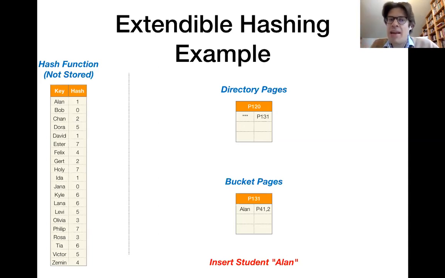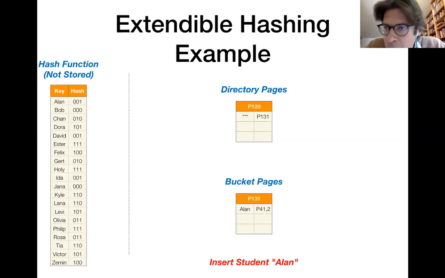And to make the following easier to follow, for the moment I have written the hash values in the hash function according to the normal system. But now let's actually switch and write those hash values in the binary system, because it will make the following examples more convenient to represent. So here we had the hash values between 0 and 7.